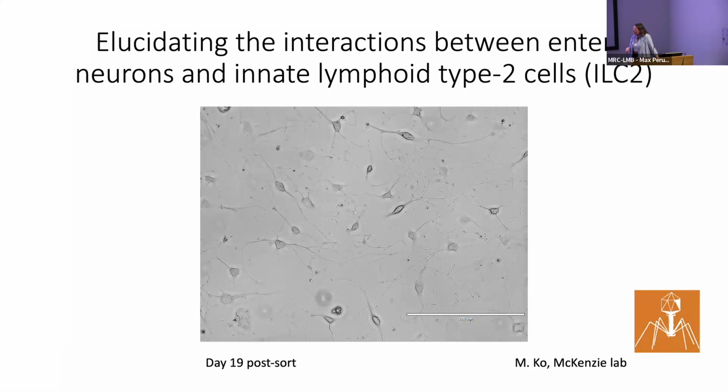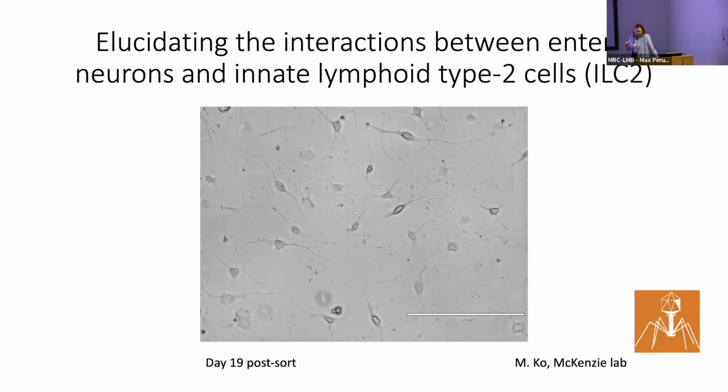In the intestine, there are hundreds of thousands of neurons and glia that coordinate all the necessary functions of digestion, nutrient absorption, defense, all these things.